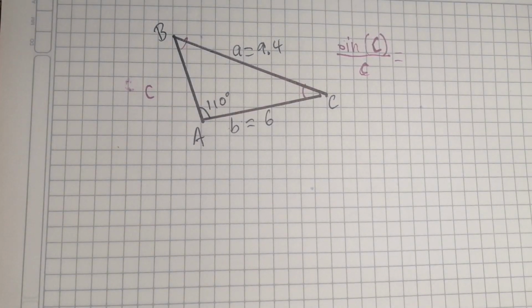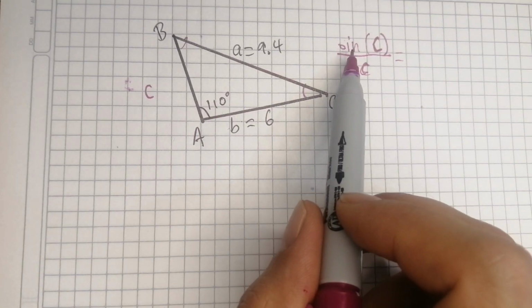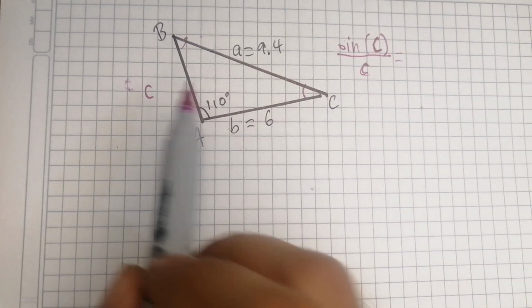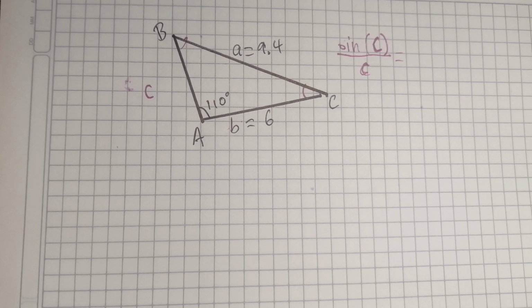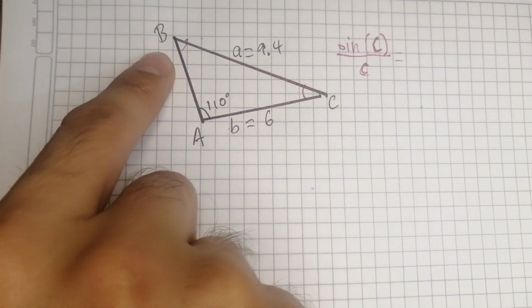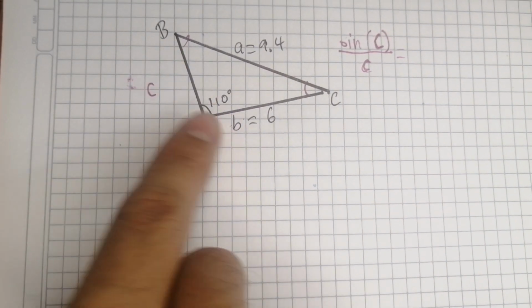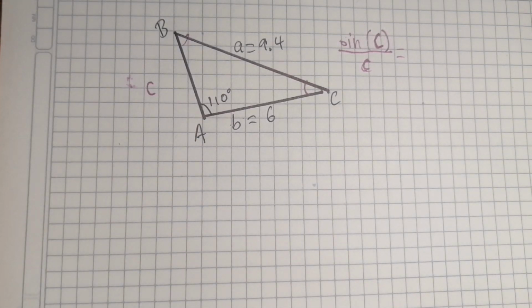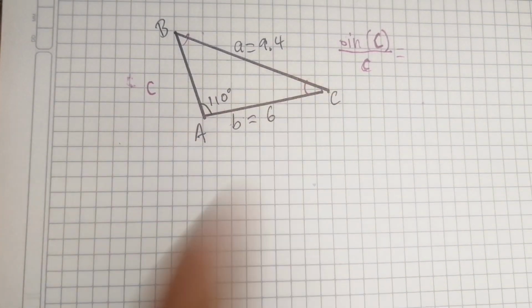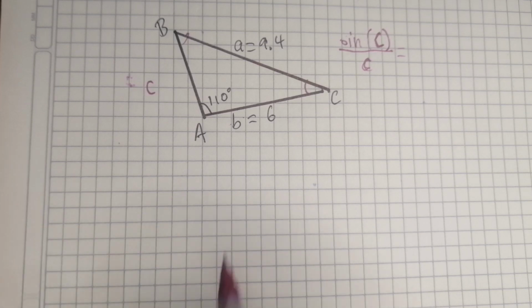But it is kind of problematic at this point, because we don't have the information about the value of the capital C or the lowercase c. So what is a necessary route in order to get that? A necessary route is to find the value of B. If we find the value of this capital B, this means that we can use 180 minus 110 minus something to get the value C. So let's do that first.